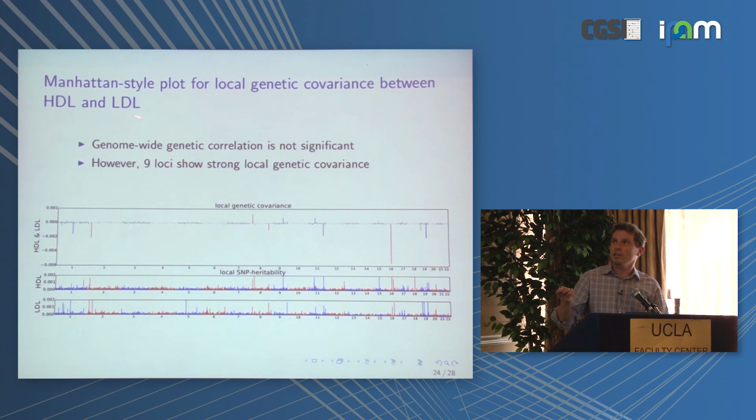Take traits like HDL and LDL. If you run a genome-wide metric like LD score, it gives you an effect size close to 0. The true effect size should be non-zero, but you don't have the power to detect it. But if you look locally, you can find regions that contribute to both traits, which is what you would expect.